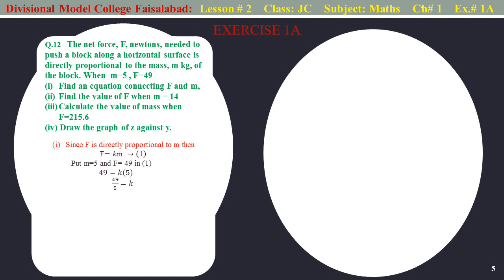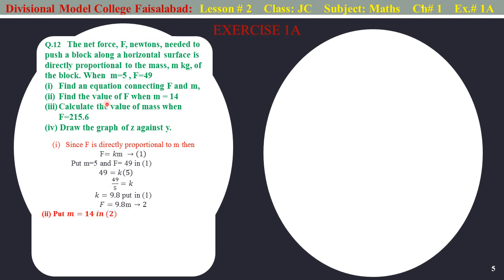From here we get the value of k, which is 49 over 5, or you can write it as 9.8, dividing 49 by 5. So we will put this value of k in equation number 1, and we get the relation F is equal to 9.8 m, which is the solution of part 1.